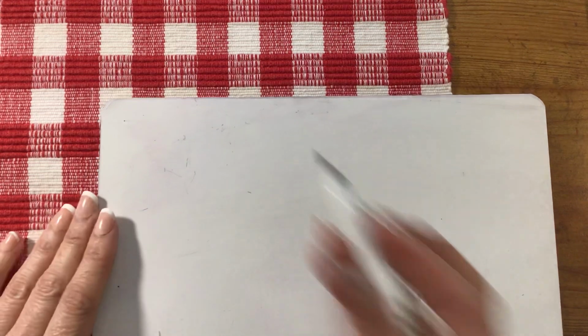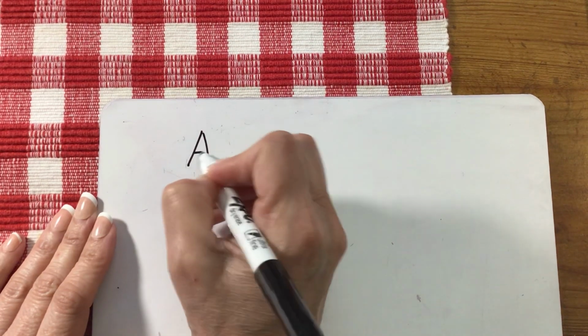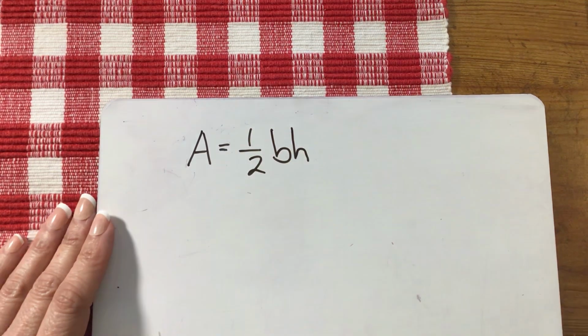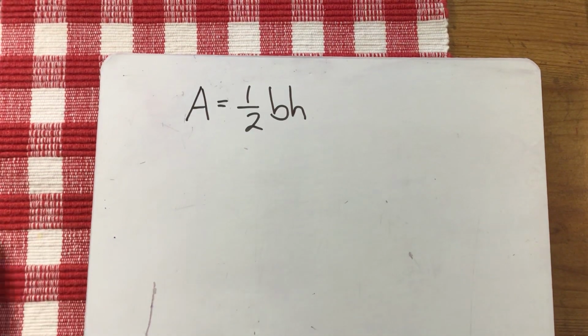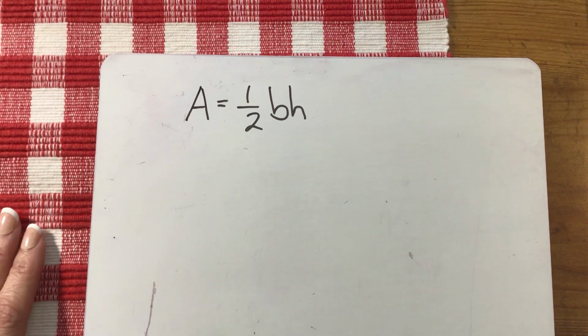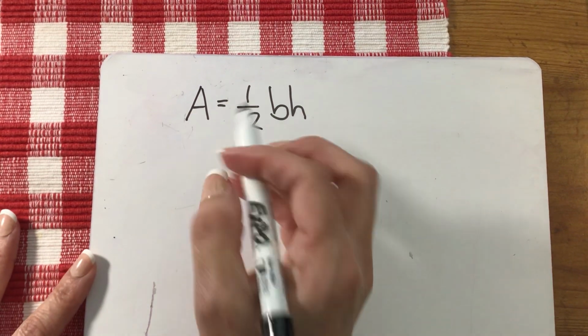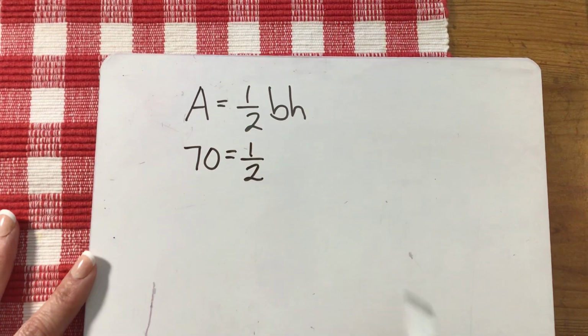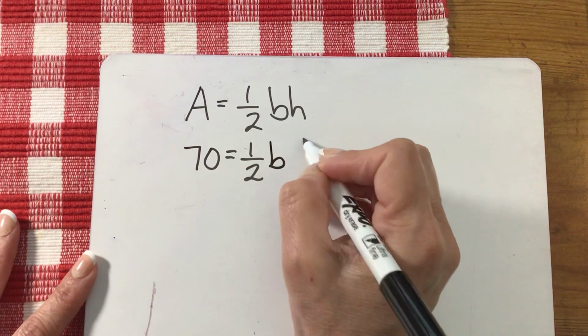Okay, so I know that I'm talking about a triangle, and this is my formula for a triangle. They gave me the area, the total area. So I know the total area is 70. They gave me the height, but they didn't give me the base.